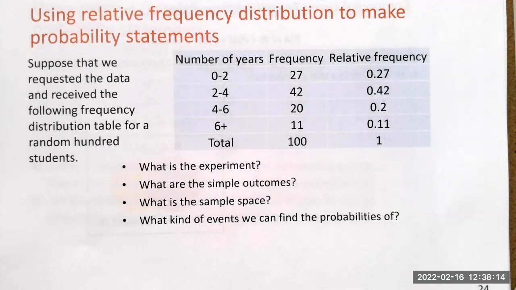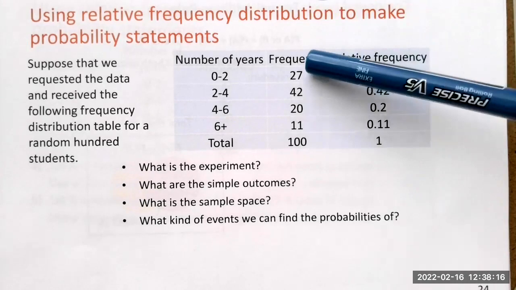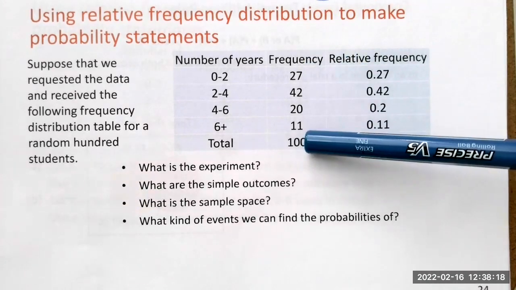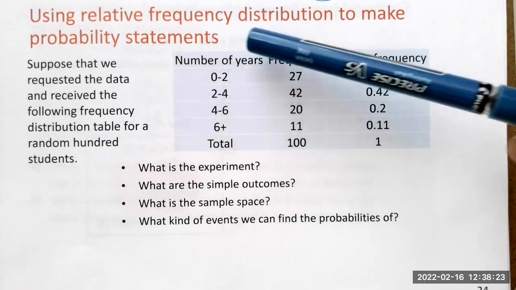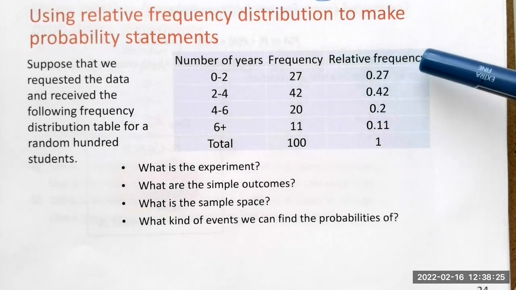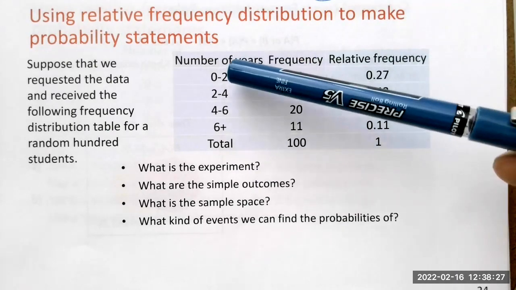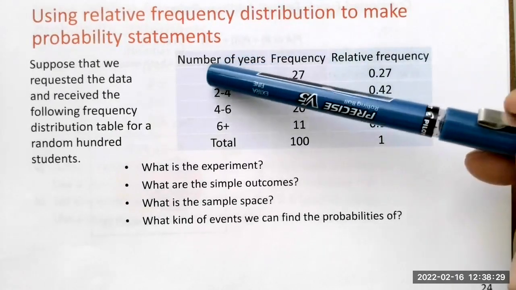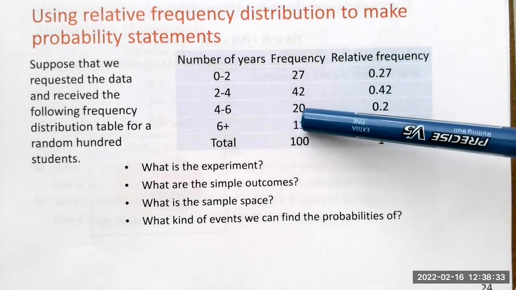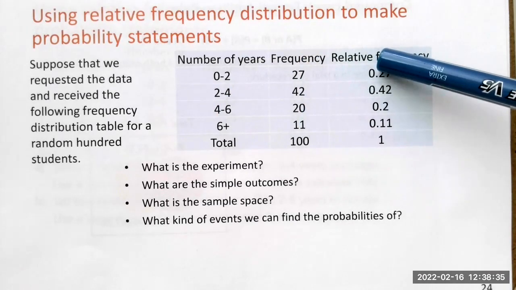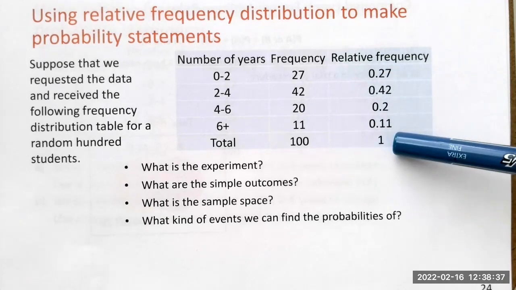We received data for 100 students. Then we made a relative frequency distribution where we have the number in college recorded and then the frequencies. And then we also figured out the relative frequencies.